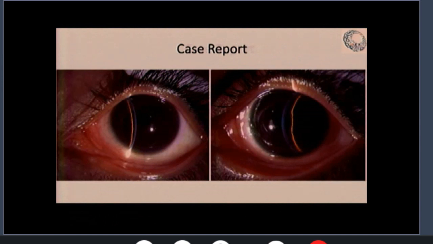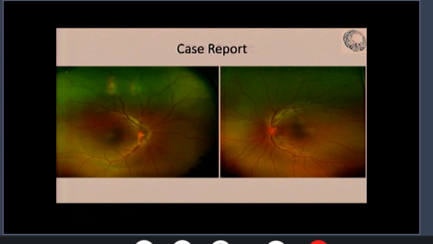This is the anterior chamber. Optic nerve.